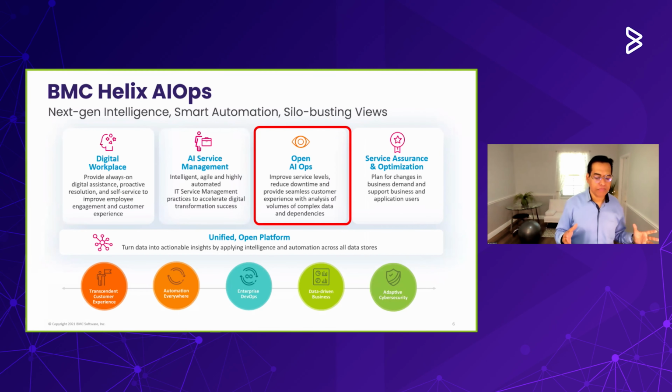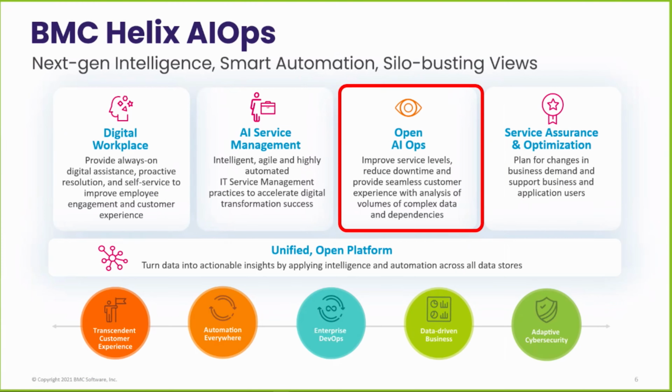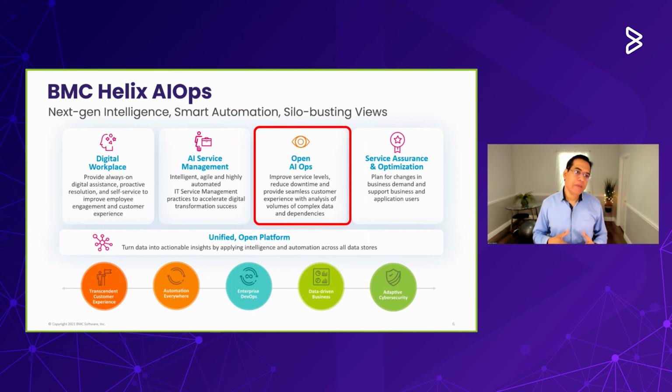So what is BMC's solution for our customers? BMC Helix Operations is our solution that uses predictive capabilities to proactively improve the performance and availability of IT services across multi-cloud, hybrid, and on-premise environments. BMC Helix Operations Management uses AIOps for monitoring, anomaly detection, advanced event management, and root cause analysis to reduce MTTR and maximize service performance and availability.